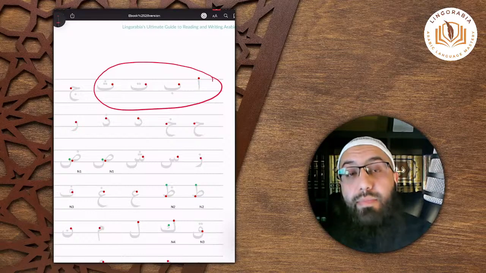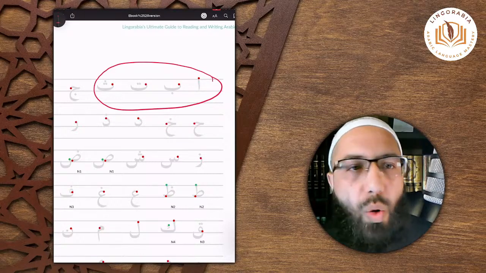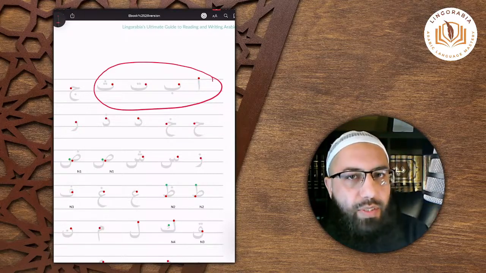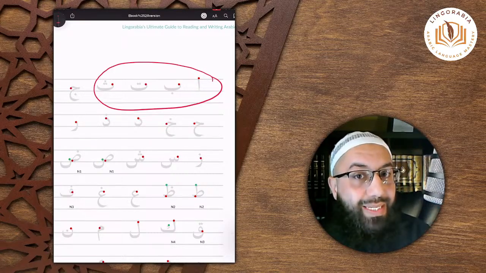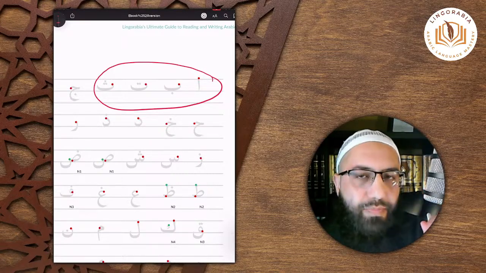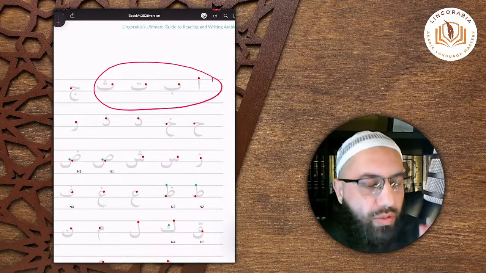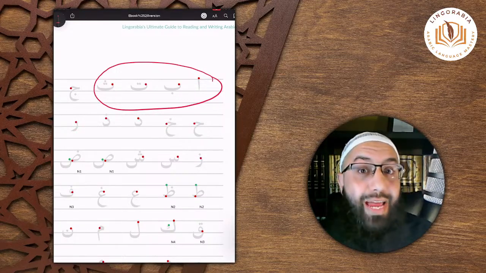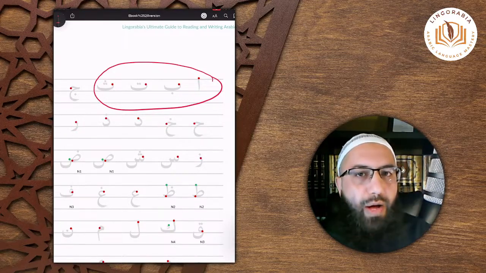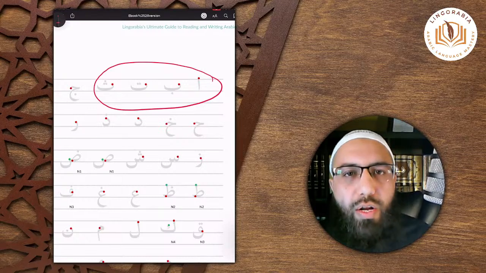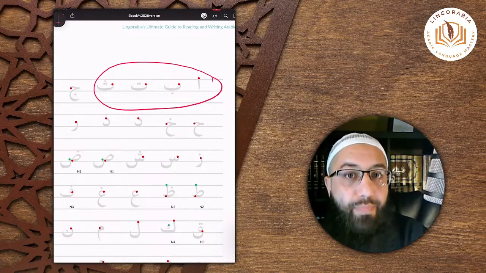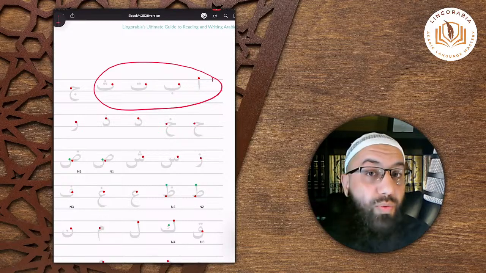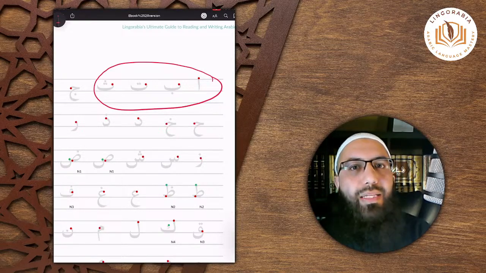The dots, we put them afterwards. So we draw the shapes first. This is the answer, keep this in mind. We draw the shapes first, and then we put the dots afterwards. The dots and the diacritical marks, like the vowels, we will discuss later. Once you release the pen, you are finished with the shapes. Sometimes you write certain letters together.